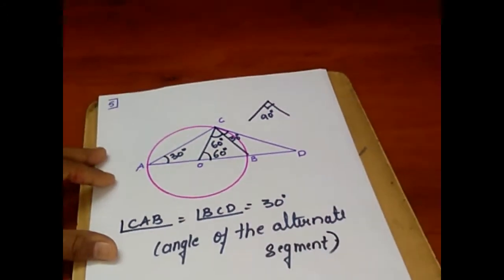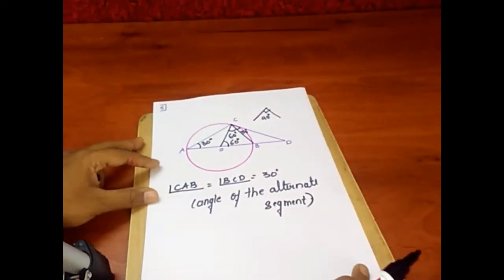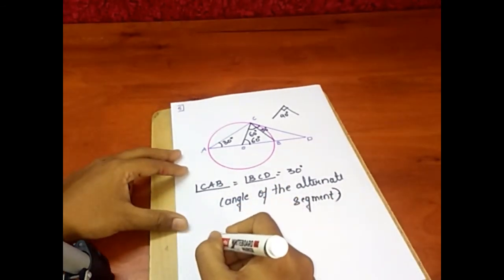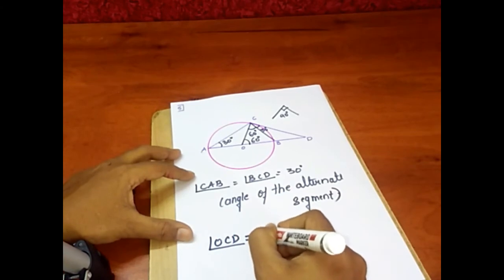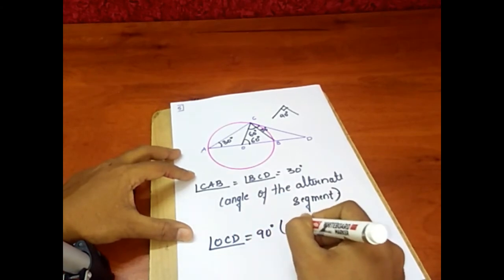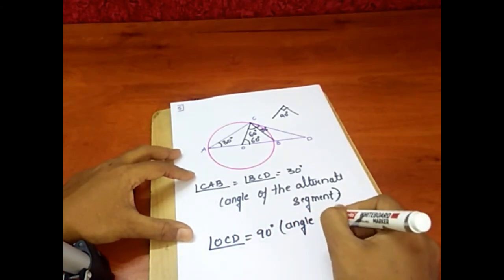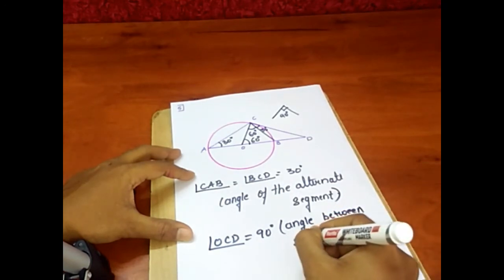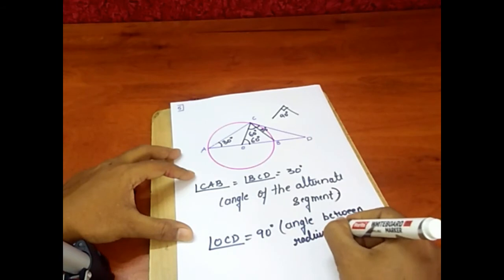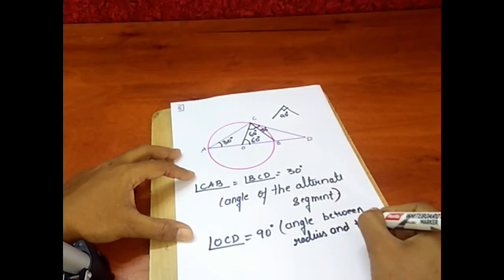Let us write these two results. That is, angle OCD is equal to 90 degrees. Angle between radius and tangent.